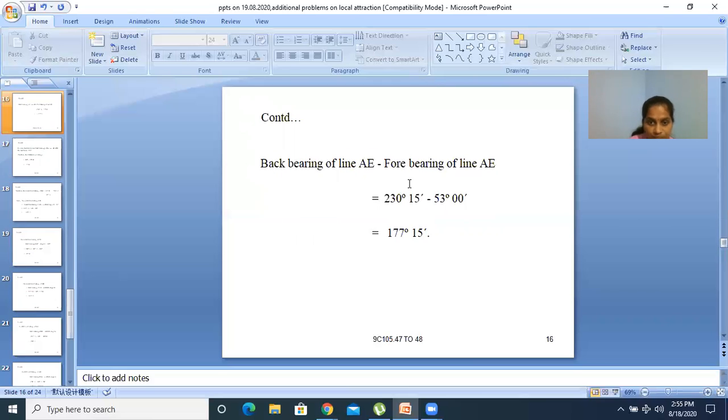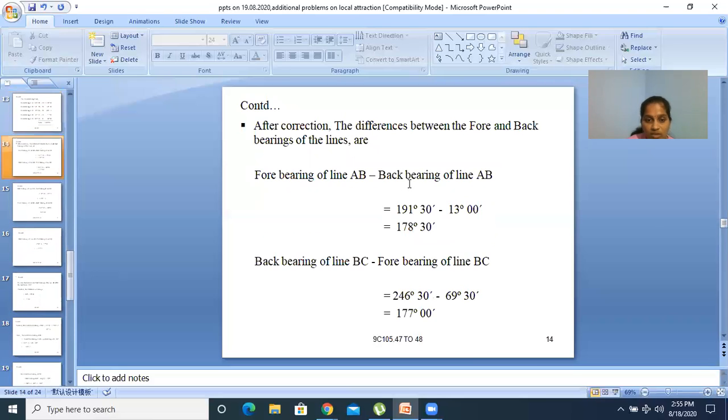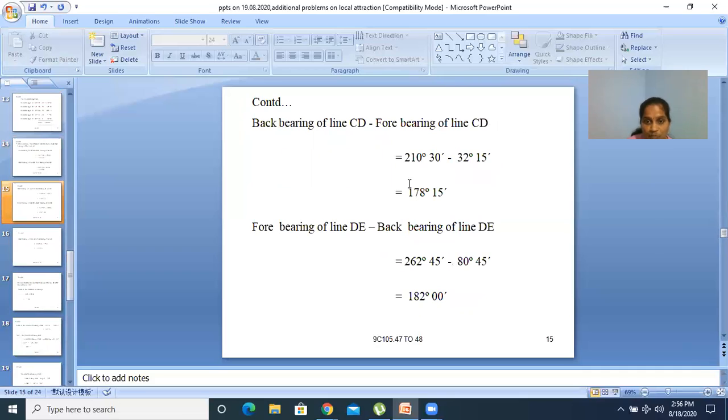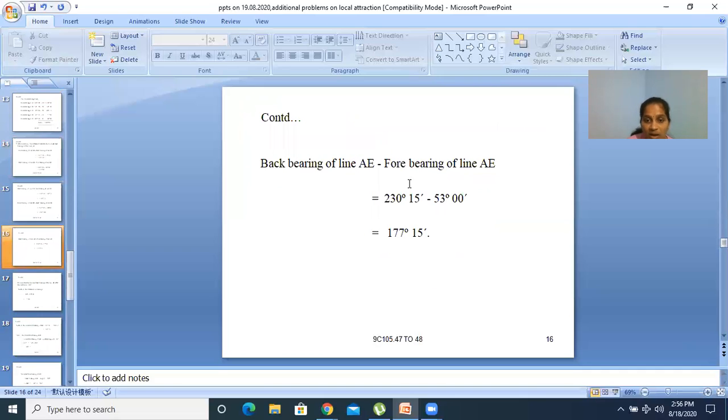You can observe this one. The difference between forebearing and back bearing of AB line is 1 degree 30 minutes, for BC line it is 3 degrees, for CD line it is 1 degree 45 minutes, for DE line it is 2 degrees, and for AE line or EA line it is 2 degrees 45 minutes.